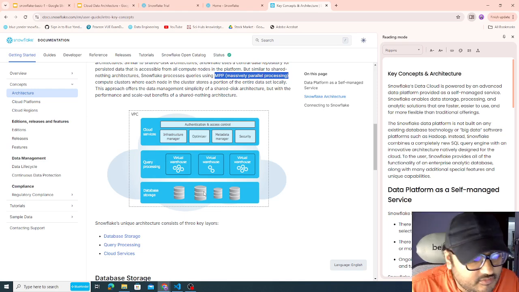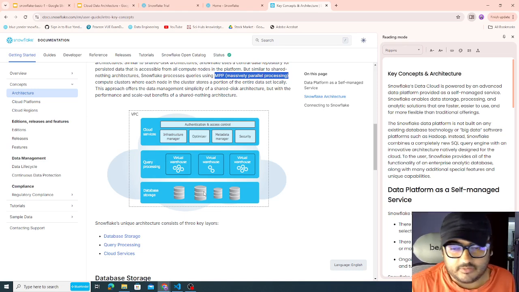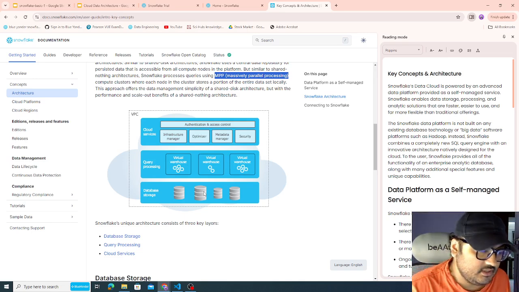And each team, let's say, has its own warehouse for computation purposes, so that teams can work independently as well as simultaneously without giving a second thought to concurrency or access issues, right? So this is a real-time example of how Snowflake helps organizations grow with cloud data architecture, right?